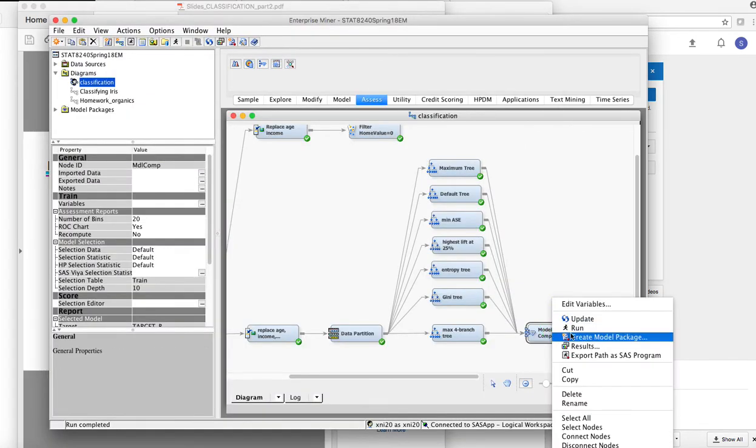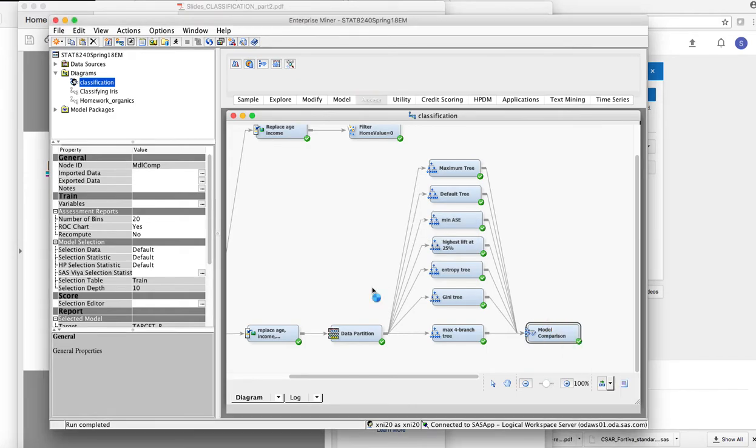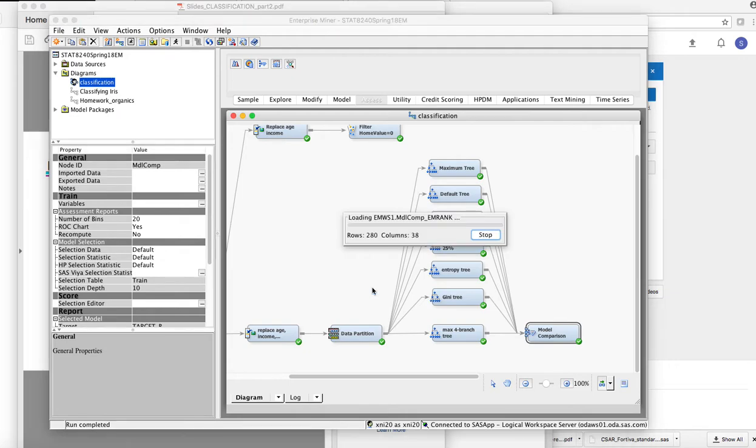But we have explained ROC in the way that it is the rate of concordance, so higher is better, and it's associated with the ROC index we have seen in the fit statistics from the model comparison note.